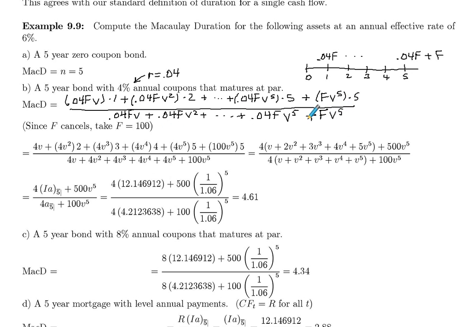So this is actually the present value of all the bond's cash flows, which is going to be the price of the bond.